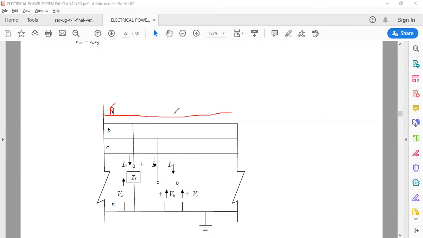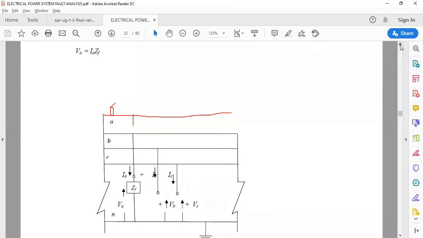So this is what exactly is expected here. The fault is on line A, and it is connected to the neutral, which is grounded through the fault impedance ZF. IB and IC are equal to 0, and because of that, the respective voltages are also equal to 0.